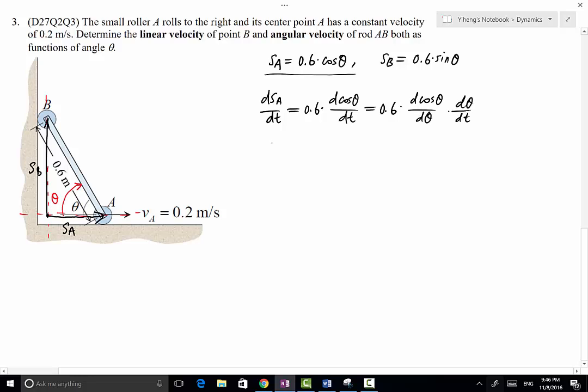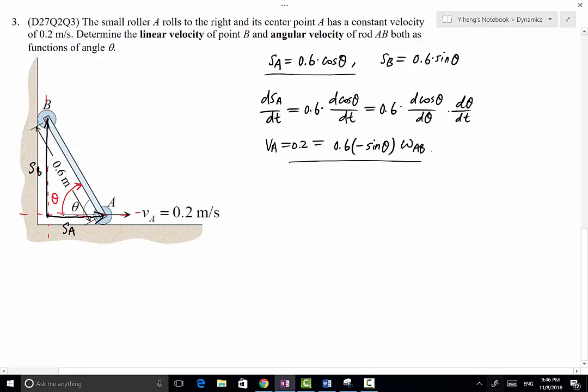So the left-hand side, dSA dt, equals VA, which equals 0.2 meter per second, that's given. And on the right-hand side, we have 0.6 d cosine theta d theta, that is negative sine theta, and then d theta dt is omega AB.